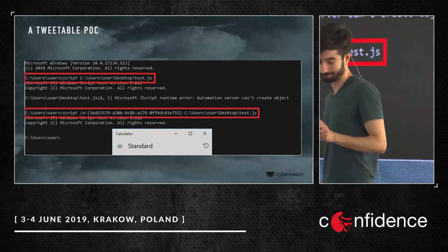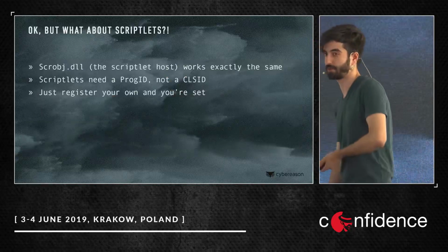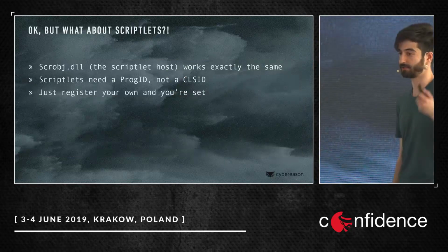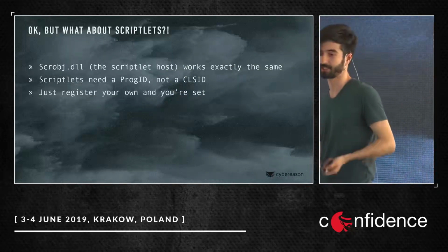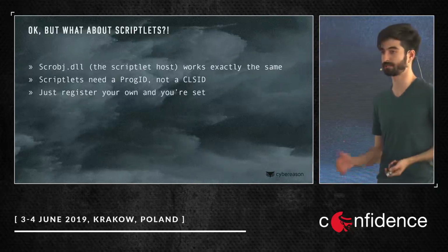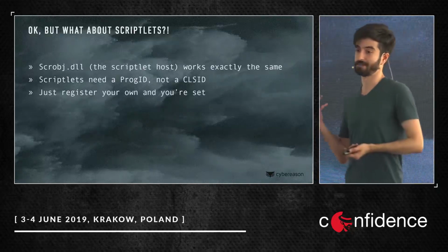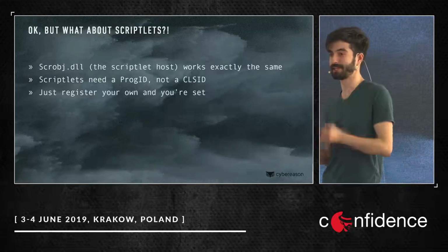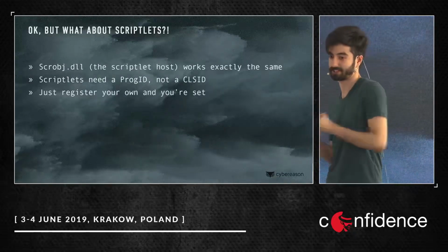So this vulnerability actually was not only limited to CScript and WScript, because scrobj.dll, which is the scripting host implementing COM scriptlets, was also implemented in the exact same way as CScript.